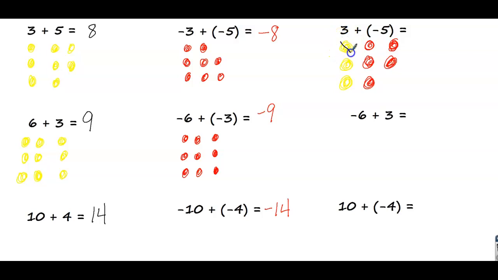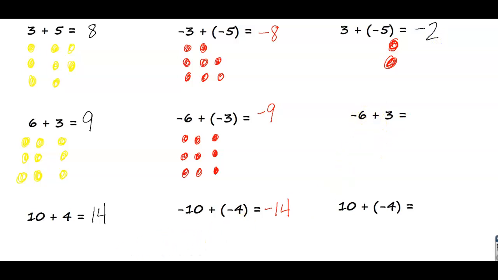Okay? So that means if we have a negative and a positive, they create a 0. Therefore, they can be taken out of the problem, okay? This one and this one create a 0 pair, and this one and this one create a 0 pair. So what we're left with, once all of these have been removed from the problem, is 2 negatives, -2. Okay?